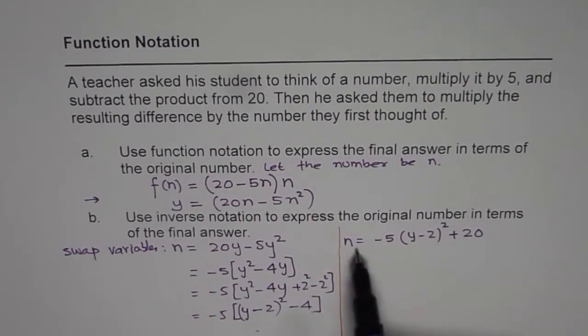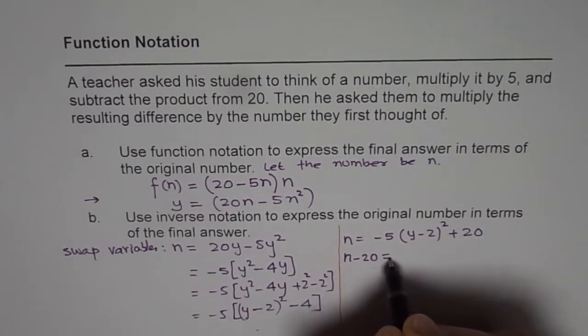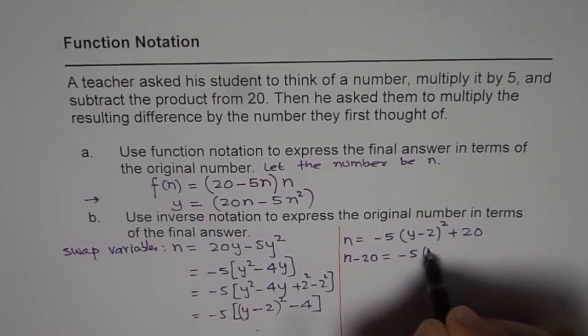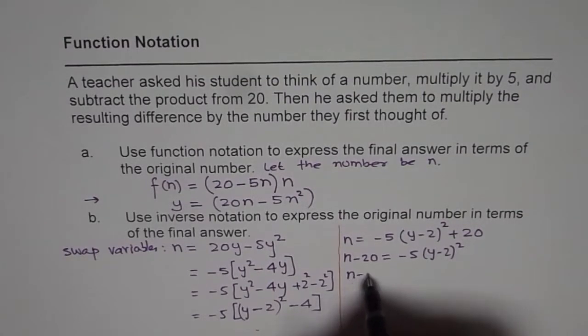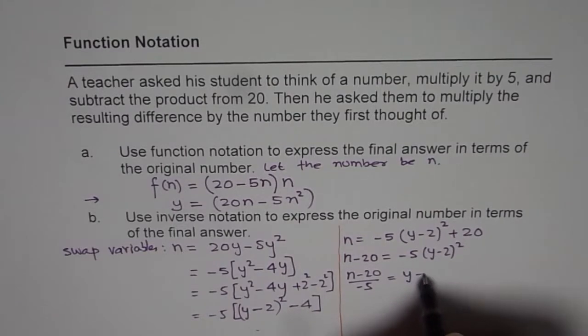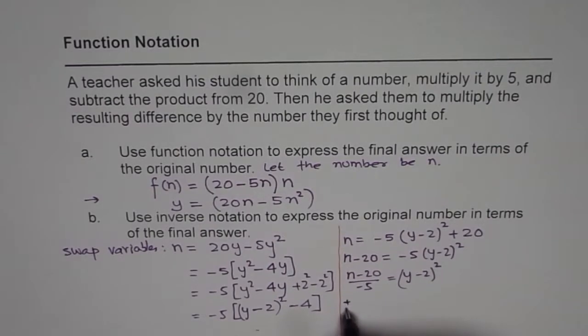So we can bring 20 on this side, so we get n minus 20 equals minus 5 times y minus 2 whole squared. Dividing by minus 5, we get n minus 20 divided by minus 5 equals y minus 2 whole squared. Now we'll square root it. Whenever you square root, it is plus and minus.